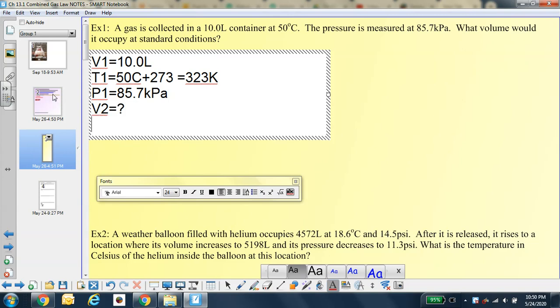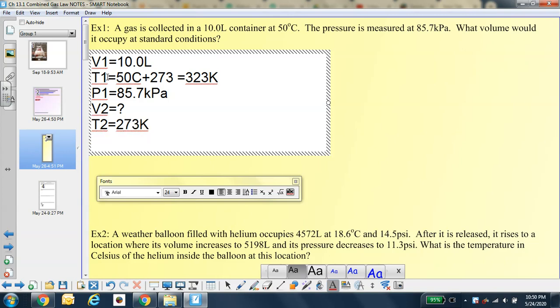Now, standard conditions. What is temperature at standard? I hope you said 273 Kelvin. And pressure too.